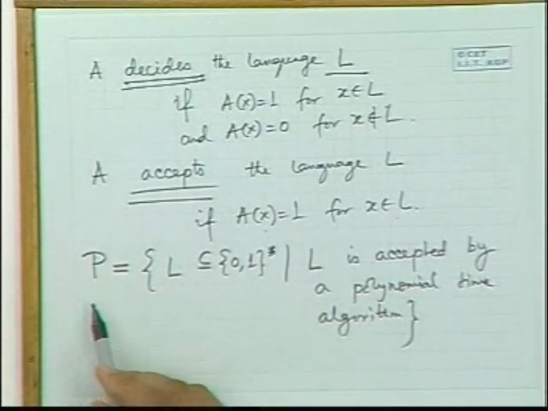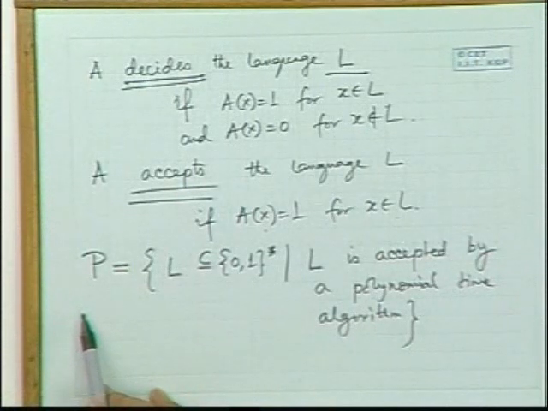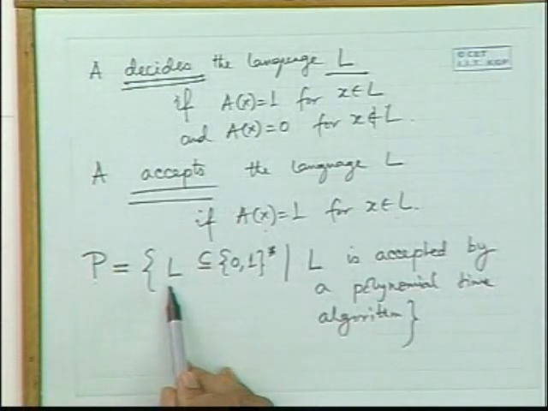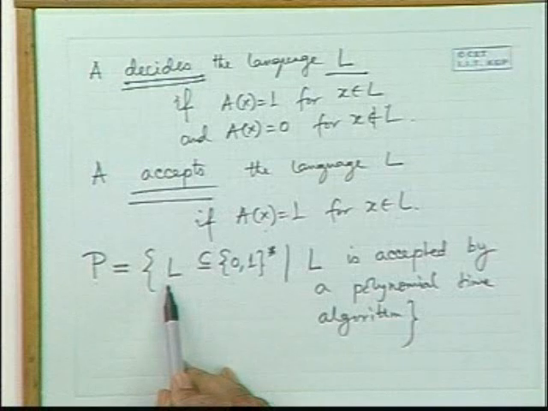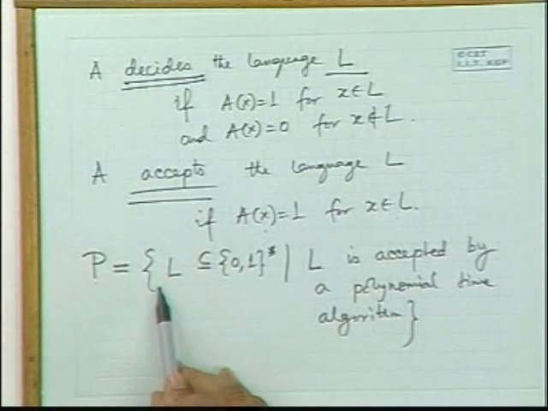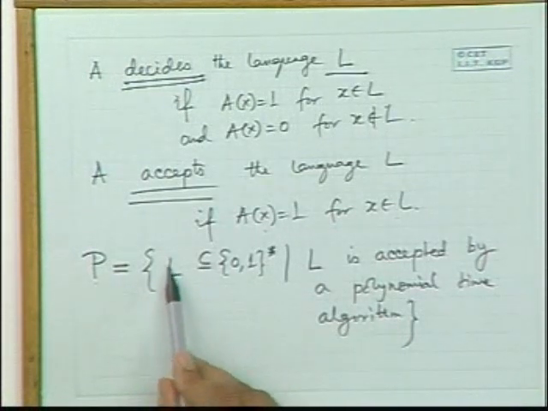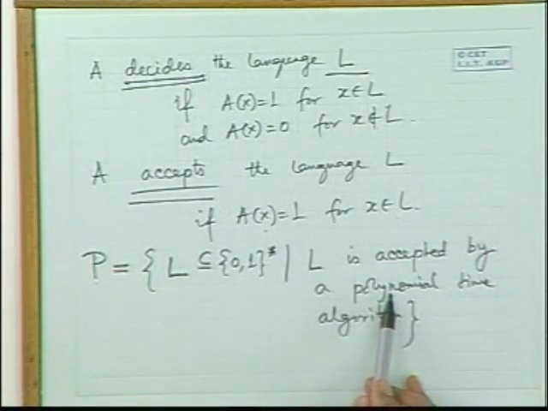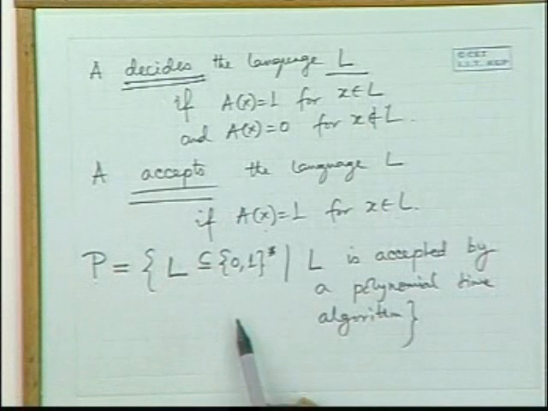So I am going to give a new definition of the class P, the polynomial time solvable problems. That class is basically a set of languages. Languages and problems have a one-to-one correspondence. So this is a set of languages for which there is a polynomial time algorithm which accepts that language.